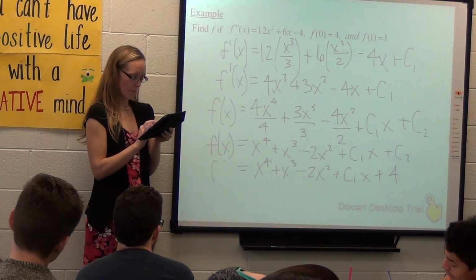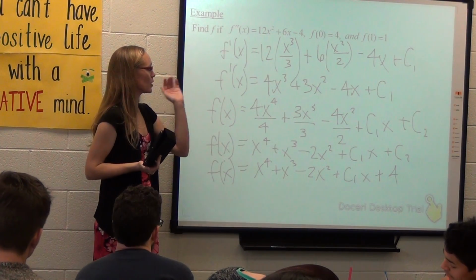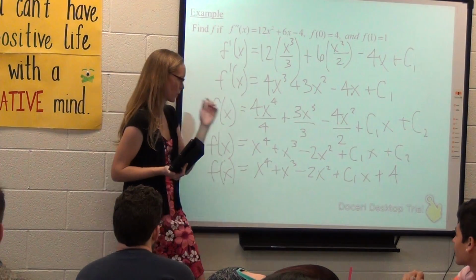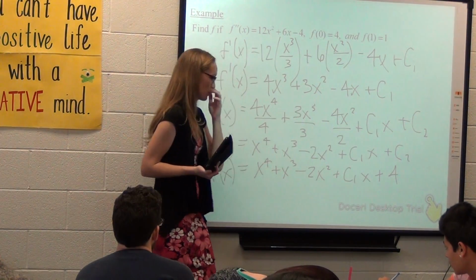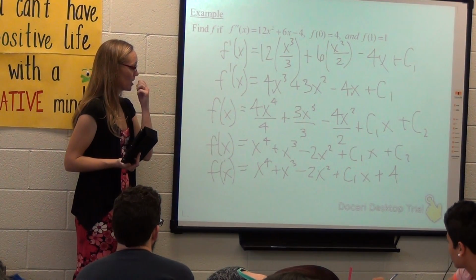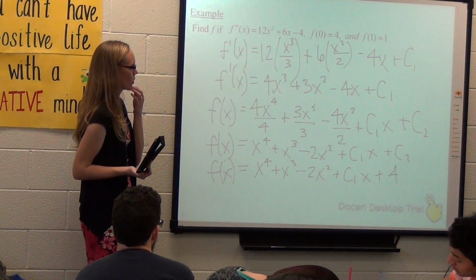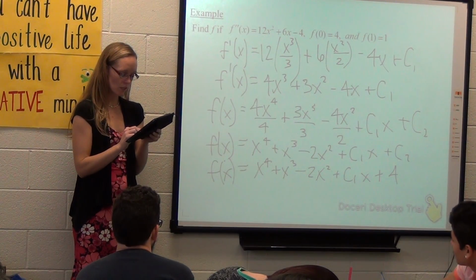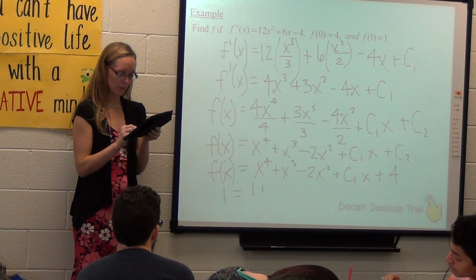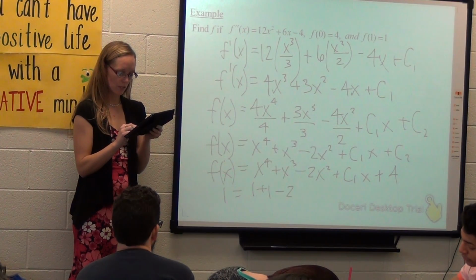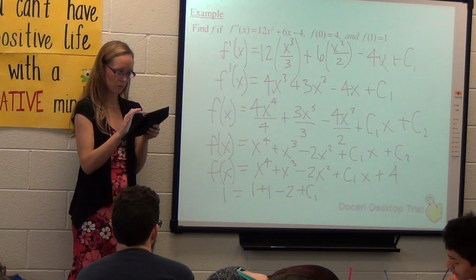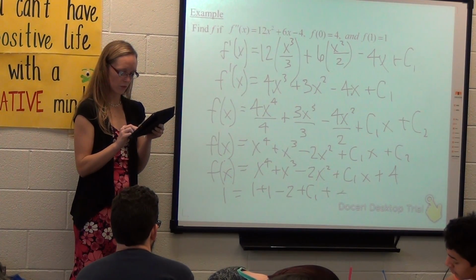And how would you find c sub 1? Okay, to find c sub 1, we use the other piece of information that we're given. We can't use the 0 because we can't cancel out c sub 1, and that will happen if we plug in 0. So I plug in 1 for x. I know that when I plug in 1 for x, my entire function should equal 1. So 1 is equal to 1 plus 1 minus 2 plus c sub 1 plus 4.